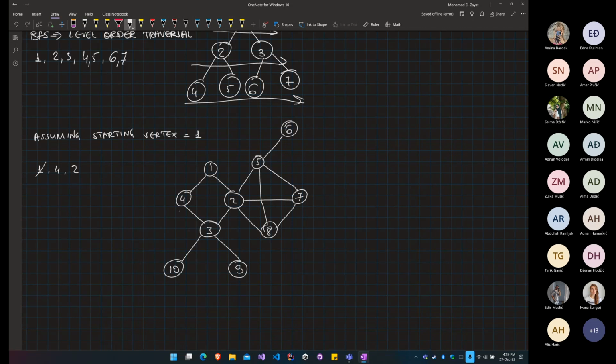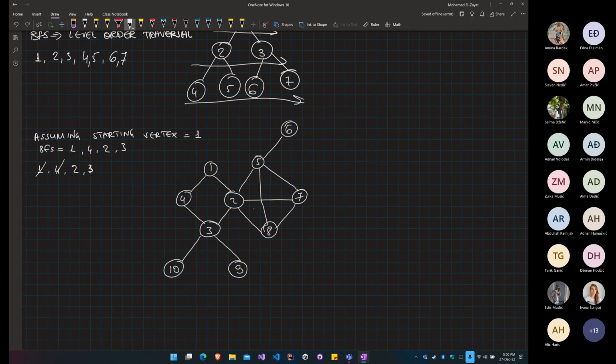Then you look at 4. So BFS is going to be 1, 4, and 2. We grab 4, and you say, okay, what are the possible children we have here? We have 3, so we push 3 into the queue. Then 4 is fully explored, so we remove it from the queue. We pick up 2. 2 has 3, which has been there.